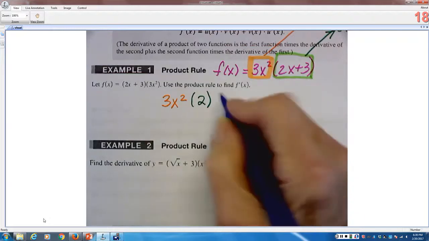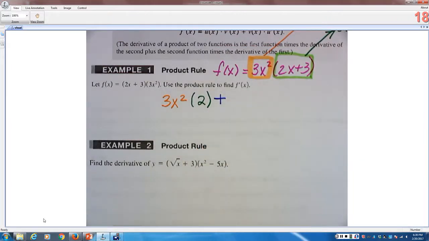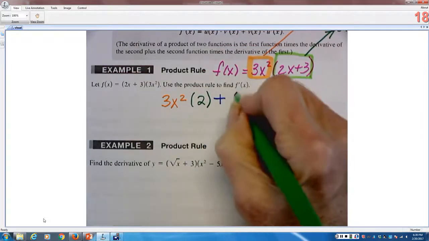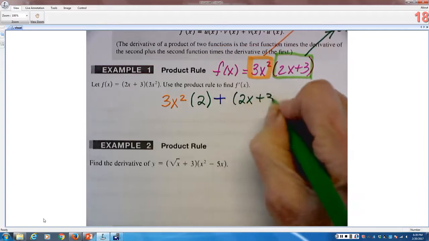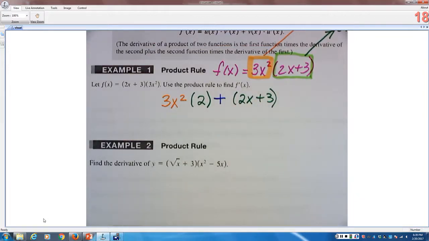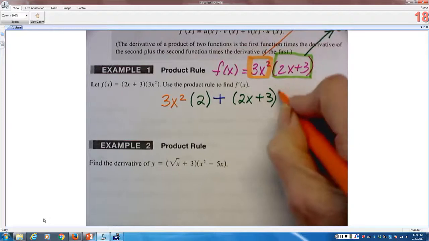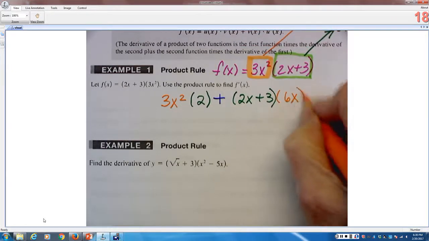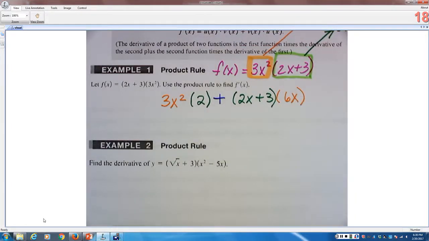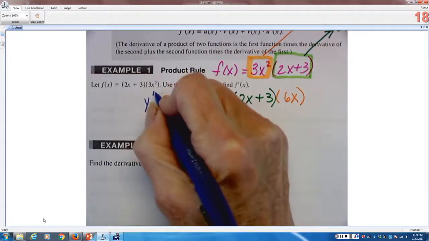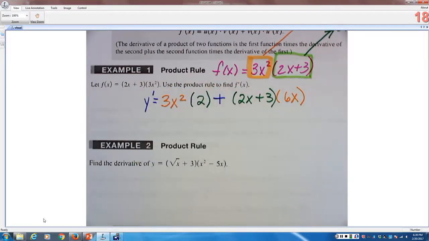And then I'm going to add to that the green function, which is 2x plus 3, times the derivative of the orange function, which is 6x. And I want to see that step, because if you go wrong, I can tell what you're going wrong on the first step. Okay? So it's first times the derivative of the second plus second times the derivative of the first.